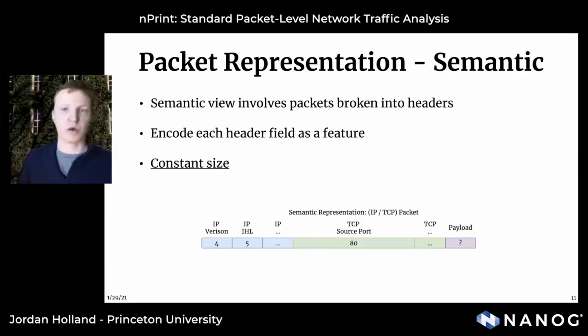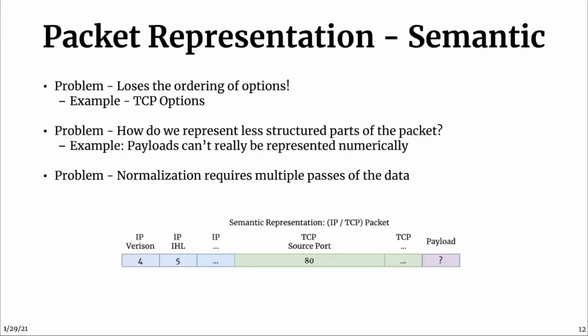Unfortunately, this doesn't quite get what we want. The reason is that when we think about packets semantically and represent them to a classifier in a standard way, we actually lose a lot of information and have trouble with certain parts of the packet. So the first problem is that we lose the ordering of TCP options, and not just TCP options, any really unstructured part of the packet.